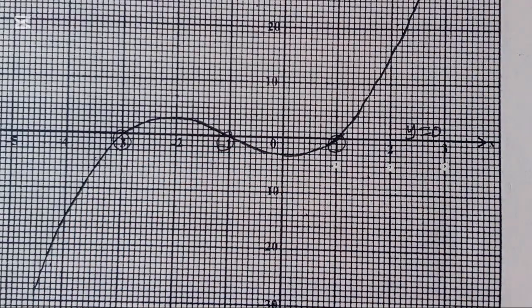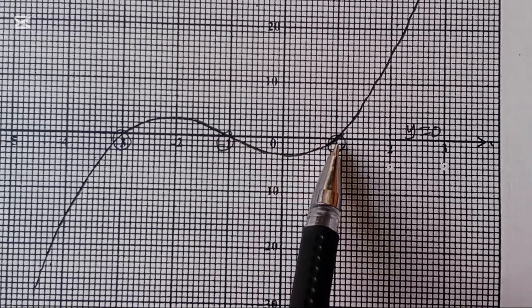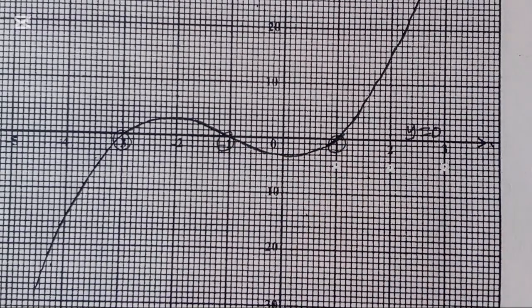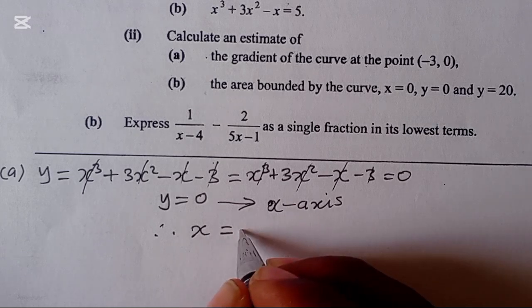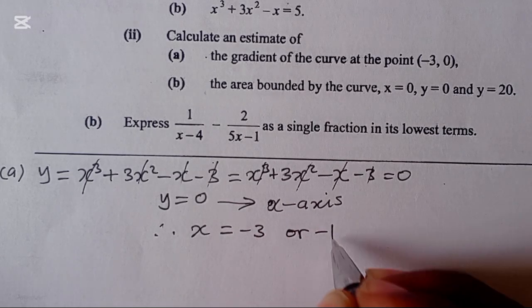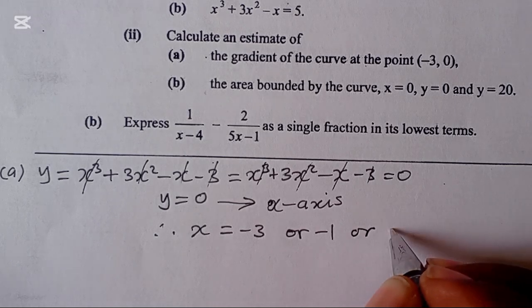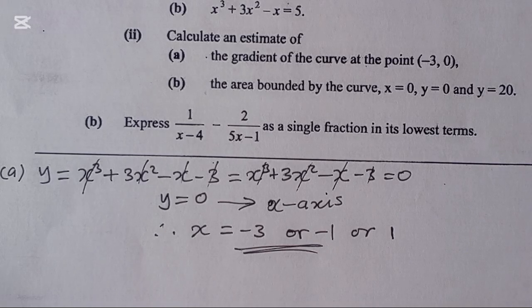So the values for x are -3, -1, and +1. So therefore, x is equal to -3 or -1 or +1. So those are the values for x.